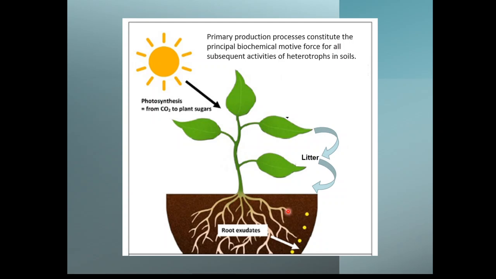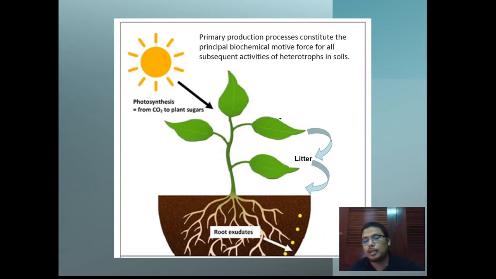The second is from below ground, from roots, which contribute exudates and exfoliated cells while the roots are alive, and then root litter when the roots die. So roots are part of the carbon sources for the soil.